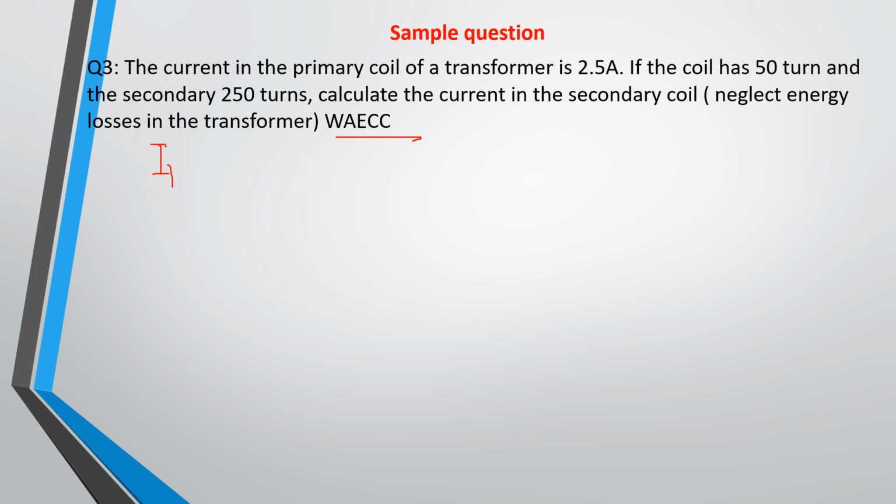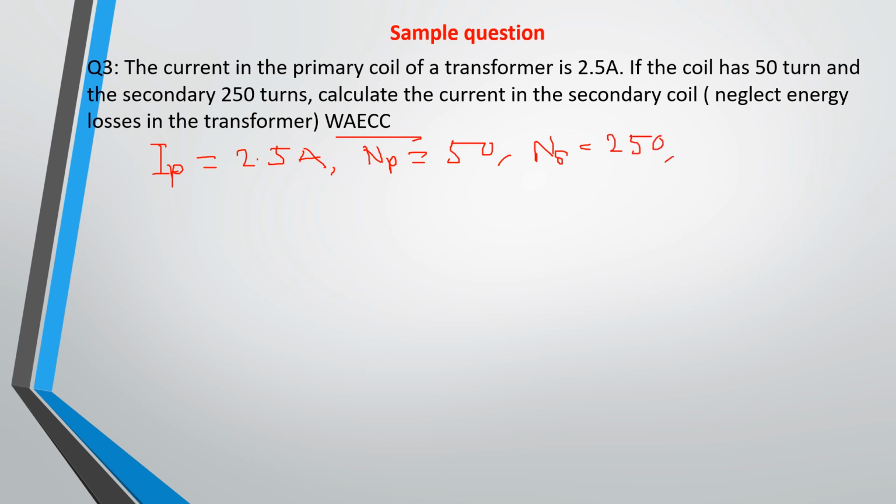Okay, so this one too, you are given primary current, which is IP, to be equal to 2.5 amp. Then you are given the number of turns in the primary to be equal to 50. You are given the number of turns in the secondary to be equal to 250 turns.